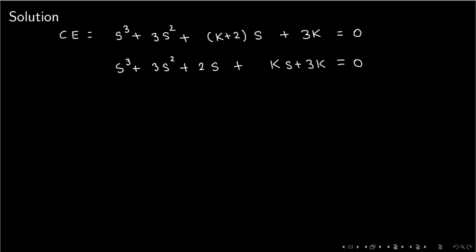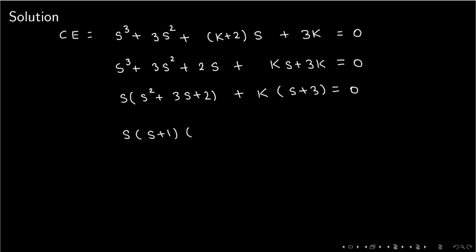We can take s common here. This will become s square plus 3s plus 2, and taking K common here we get K times (s plus 3) equal to 0. Further, we can write it as s into (s plus 1) into (s plus 2) plus K times (s plus 3) equal to 0. So we can divide this expression on both sides.